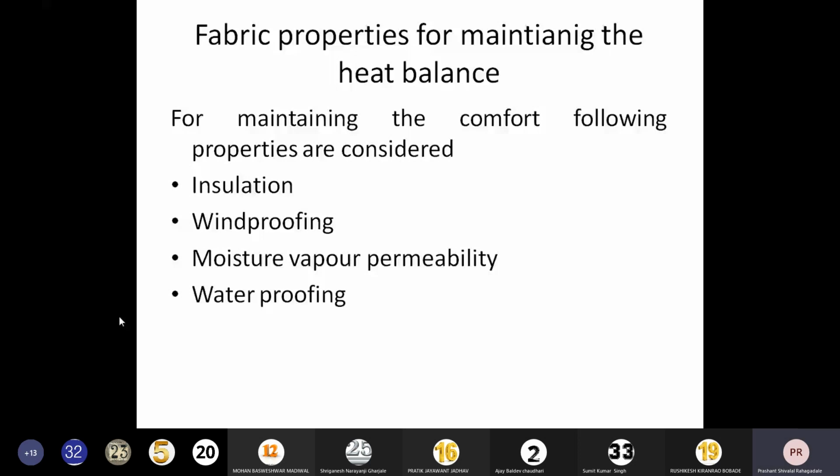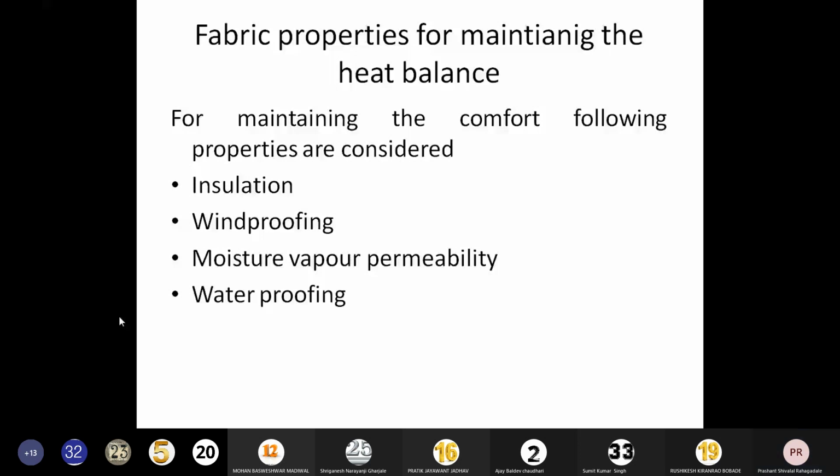So, the important properties for maintaining comfort are insulation, windproofing, moisture vapor permeability and waterproofing. देखिए विंड प्रूफिंग भी है, वाटर प्रूफिंग भी है। ओके, इंसुलेशन भी यहाँ पे दे रहे हैं एंड moisture vapor permeability.